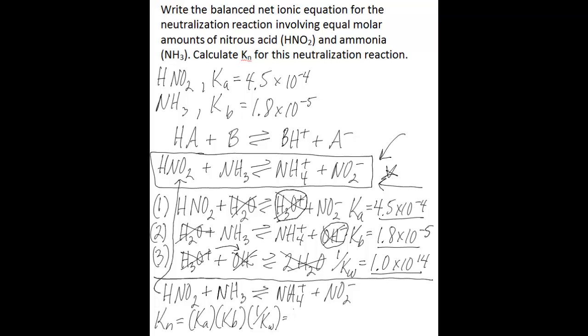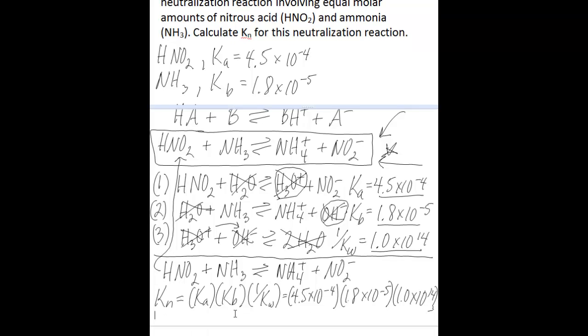When you substitute in the terms, you get 4.5 times 10 to the negative 4 times 1.8 times 10 to the negative 5 times 1.0 times 10 to the 14. And when you do the math there, you're left with 8.1 times 10 to the 5th. So here is our Kn value for this specific neutralization reaction that we're asked to deal with in this problem.